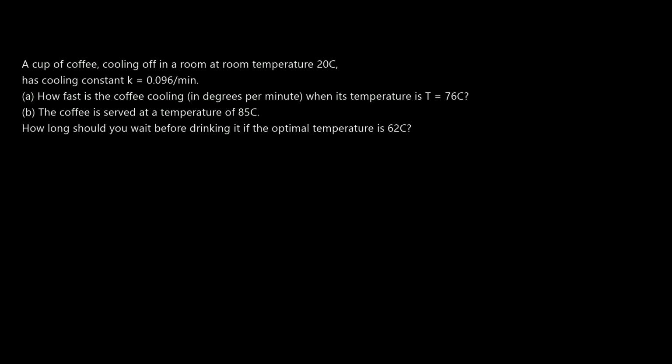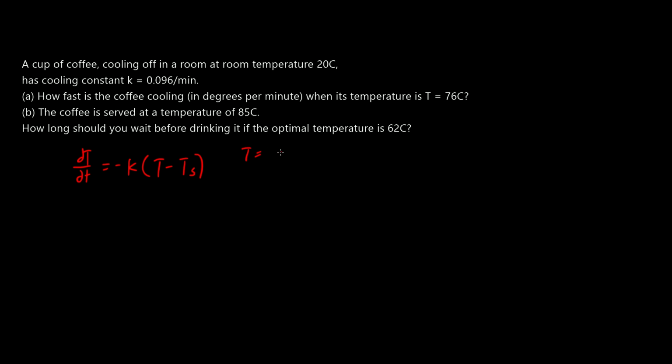So this problem relates to Newton's law of cooling. So the equation to solve this problem is as follows. It's going to be dT over dt equals negative k times (T minus T sub s). So now let's define what some of these things mean.